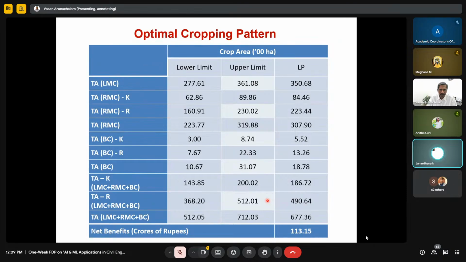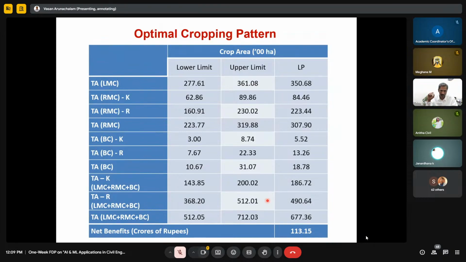Going further, this 113.15 should at least theoretically increase by another 25% or 30%. Am I right, sir? So this is an optimal value. Beyond this, at the maximum, as you rightly said, it can go only 10% more, not more than that. Earlier it was a 25% increase, no, sir? If you see what is on the ground, it was approximately 25% lower than what this is right now.